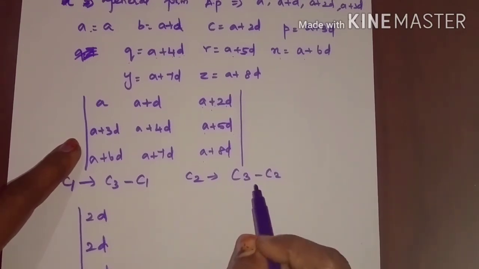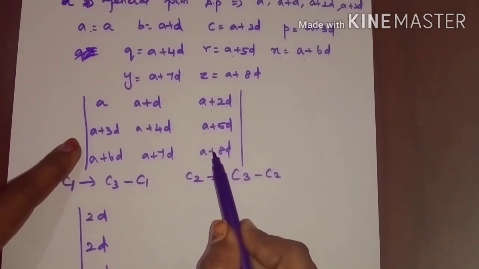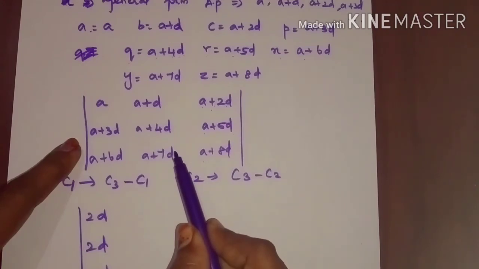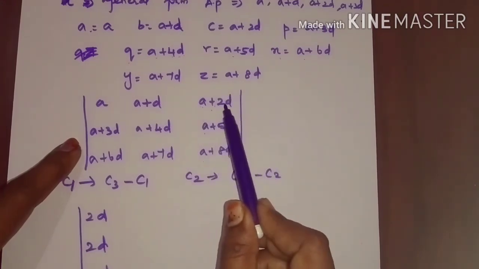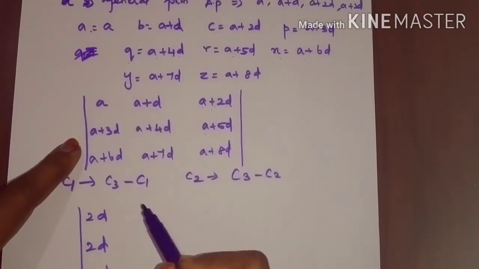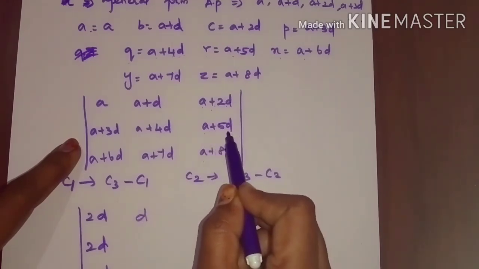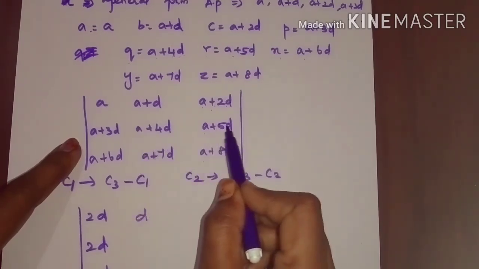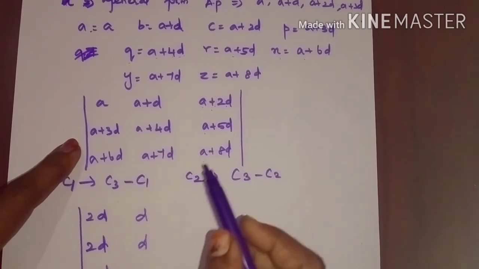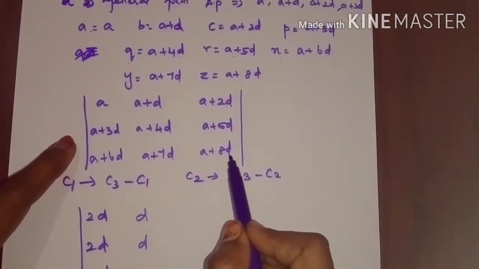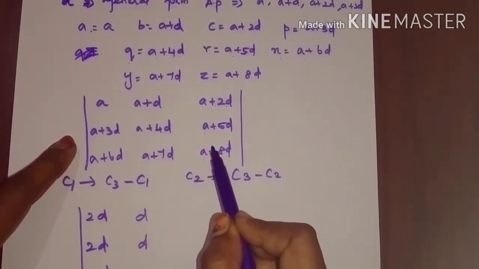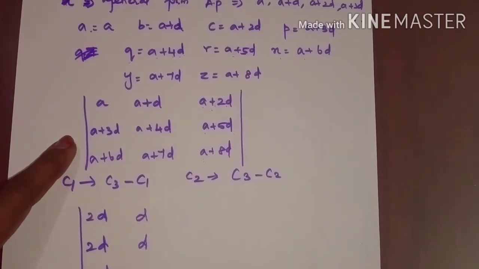And in column 2, it is again subtracted, column 3 minus column 2, we get A plus 2D minus A minus D will get D here, and A plus 5D minus A minus 4D will get 5D minus 4D is D here. A plus 8D minus A minus 7D, A minus A will get cancelled, 8D minus 7D will get D here, and column 3 will remain the same.